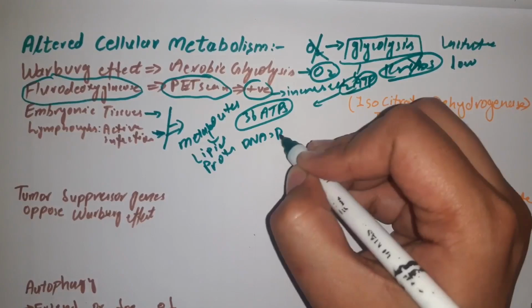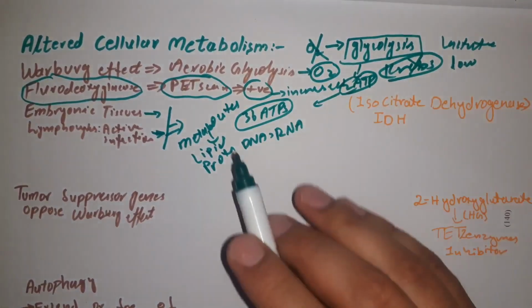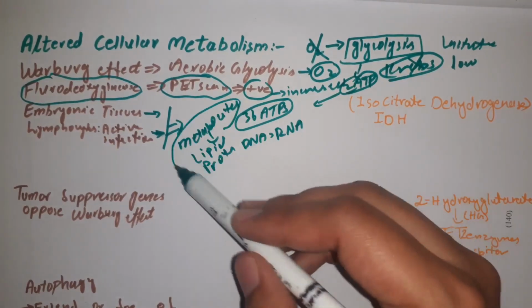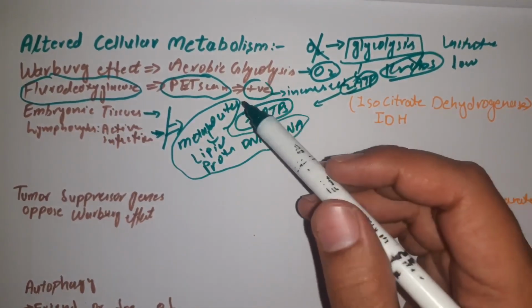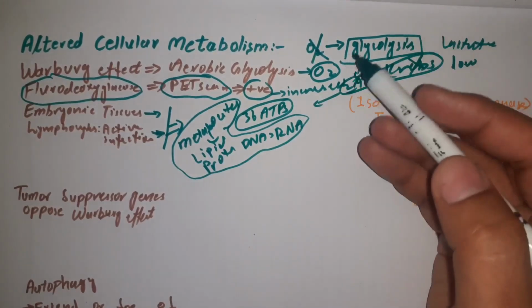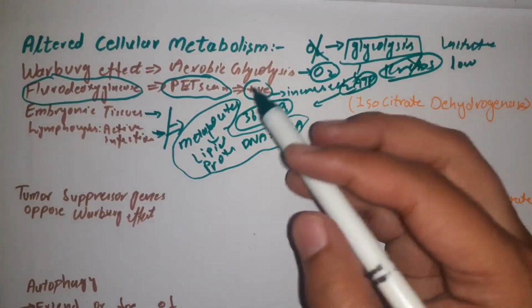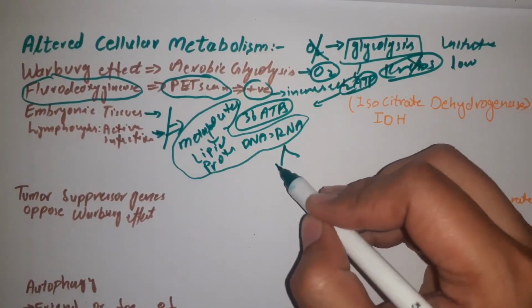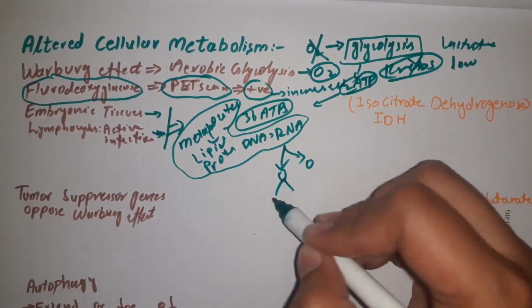So there are metabolic needs, and they don't require much ATP when they will not be having these metabolites. So they don't use all of the glucose for the synthesis of ATP. Instead, they divert it towards these metabolites so that they can grow, divide and produce more and more cells.